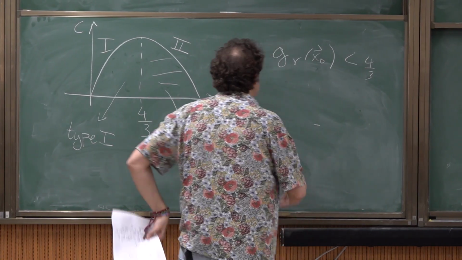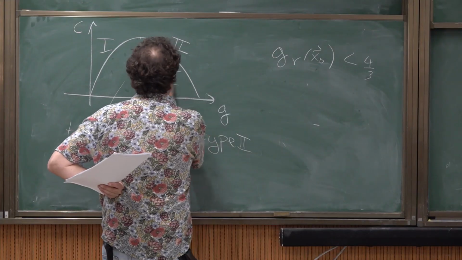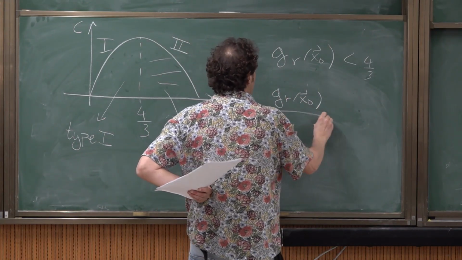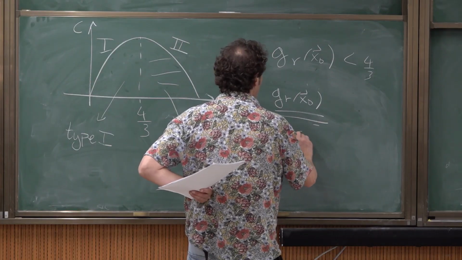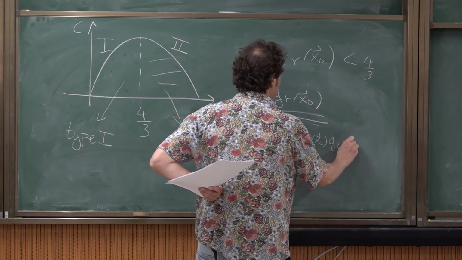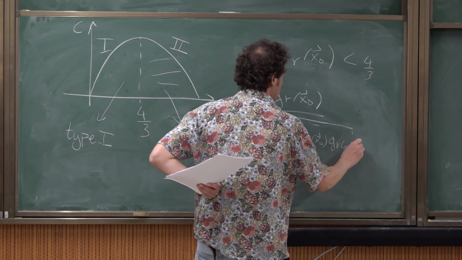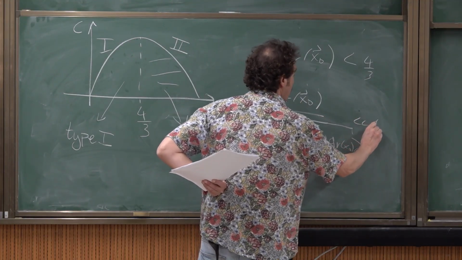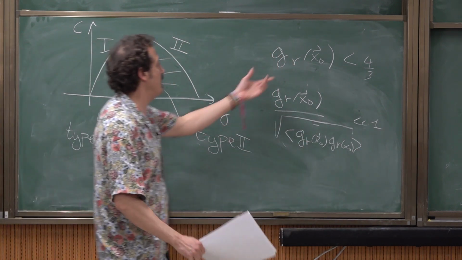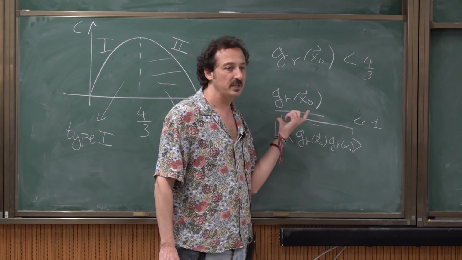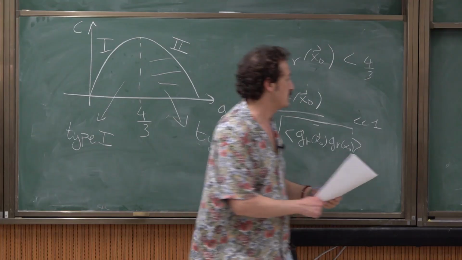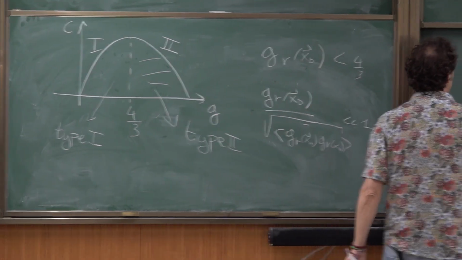When I say that this is improbable, what I mean is that G(r, x con 0) divided by the square root of the two-point correlation function <G(r, x con 0) G(r, x con 0)>, in real space, is much smaller than 1. That's why it's improbable, because this is a Gaussian variable, but what really matters in the Gaussian distribution is the variable divided by its variance. So this goes like e to the minus x squared divided by sigma squared.